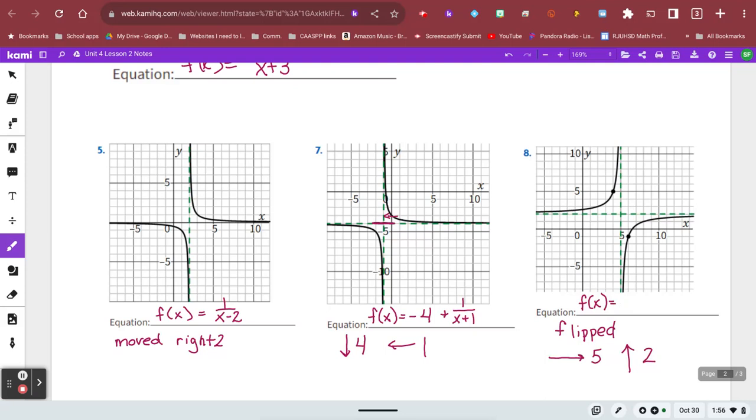We moved up 2, so that's a positive. We're flipping, so I'm going to put a minus right there. Instead of it being with the 1, I can just put it in front. 1 over x. And to the right means we're going to the positive side, so we're going to go the opposite, minus 5.